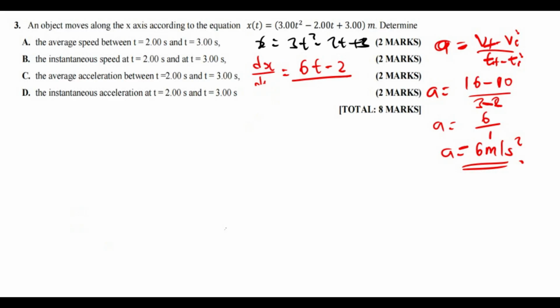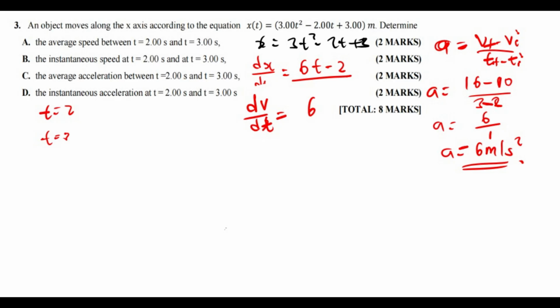So it's the same thing, right? Okay, here now it's going to be interesting. After we differentiated, we have dv over dt. We found 6. So when t is equal to 2 and when t is equal to 3, what will be the answers?